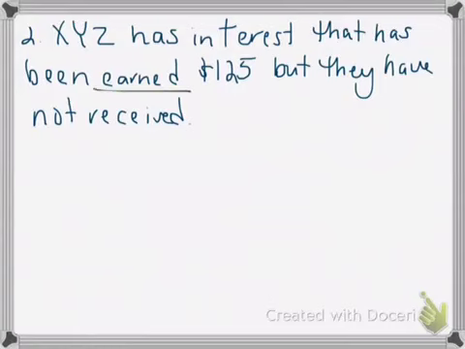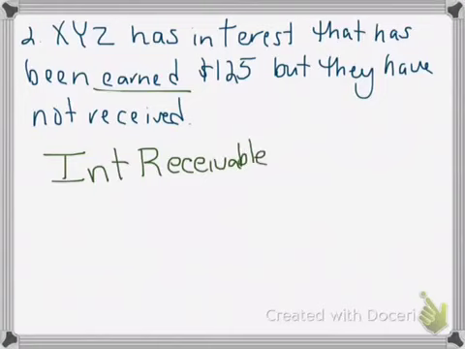The next one we see deals with interest revenue, and it says XYZ has interest that has been earned of $125, but they have not received the money yet. So cash has not changed hands yet. They have not received $125, but we have already earned it. When you run into this case, you will have an interest receivable account, because this $125 will be coming in at a future date.